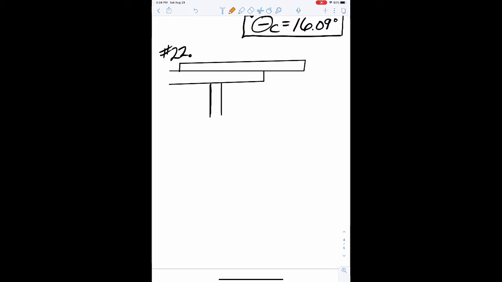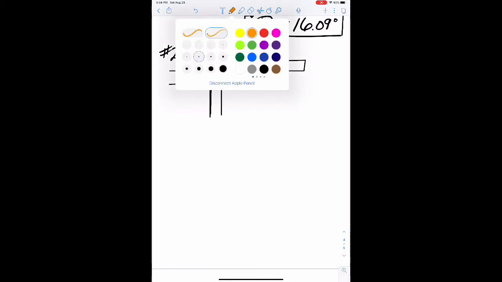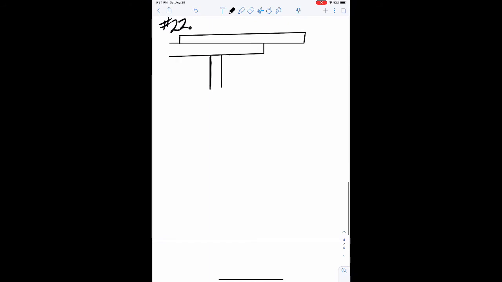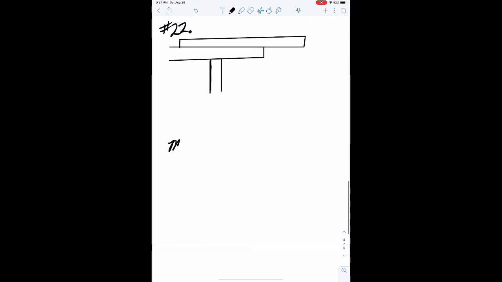They tell us the mass of the board is 6 kilograms. So maybe I can just write that off to the side. I don't know, I feel like I don't have enough room, but I have tons of room. The mass of the board is 6 kilograms.